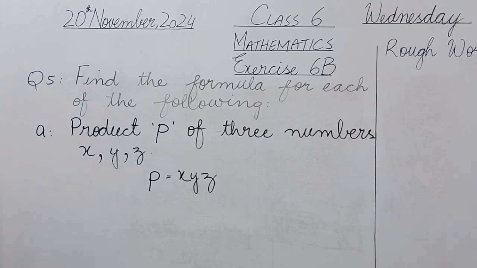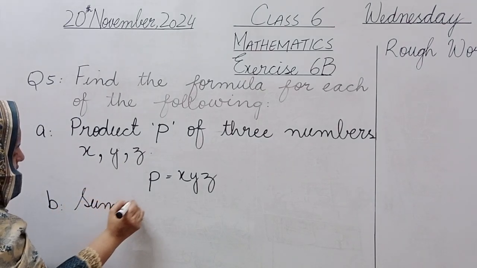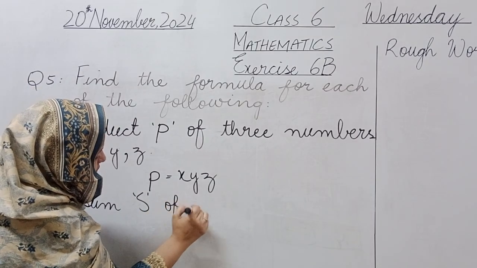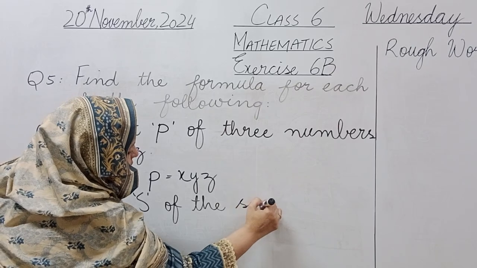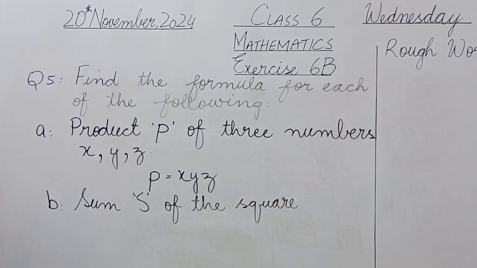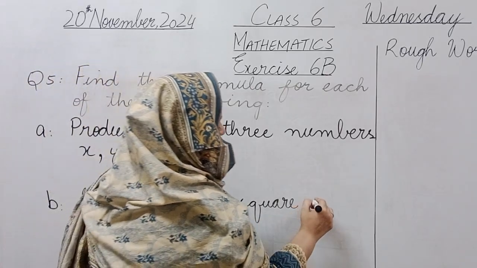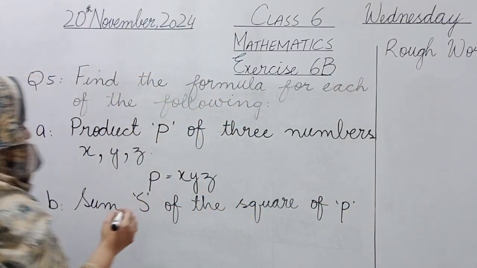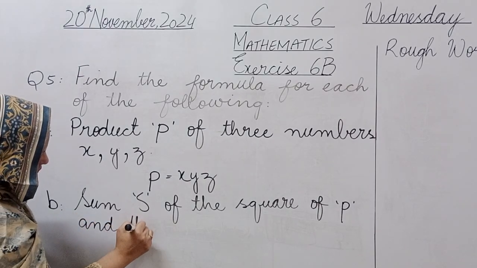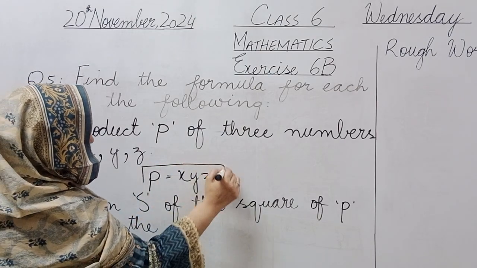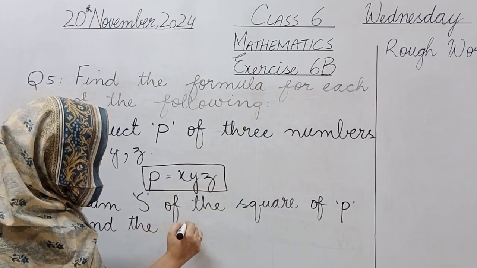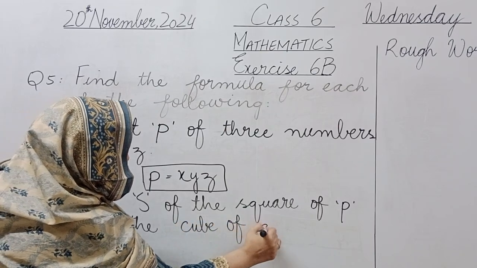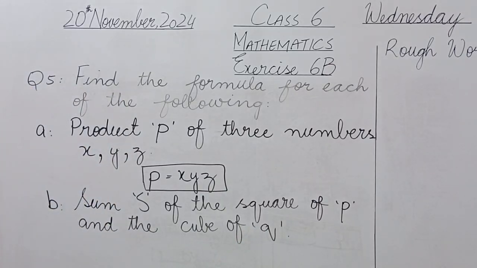Okay. Now moving towards B. Part B is sum s of the square of P and the cube of Q. Sum s.